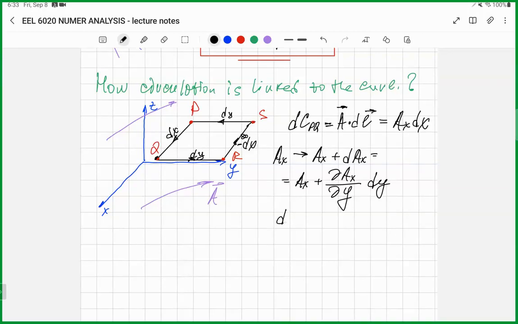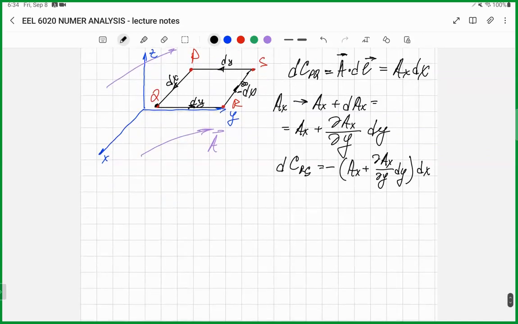So for this dCRS, it's equal to minus dx, then the field component, which is Ax plus the partial of Ax over y times dy, and multiplied by dx.